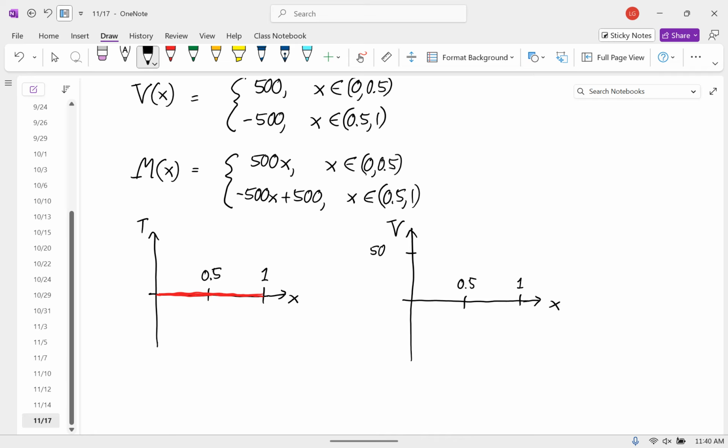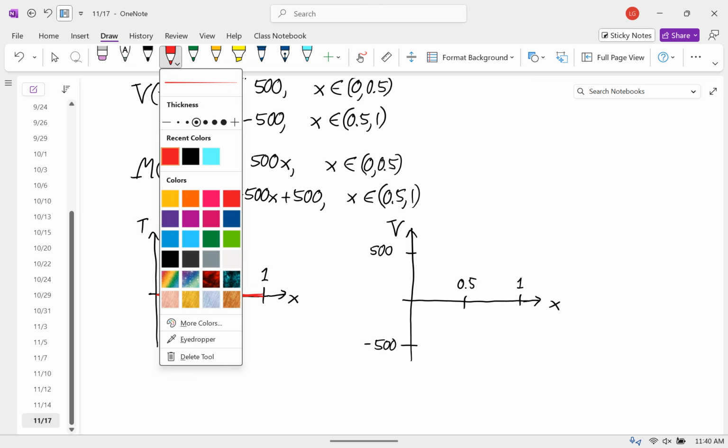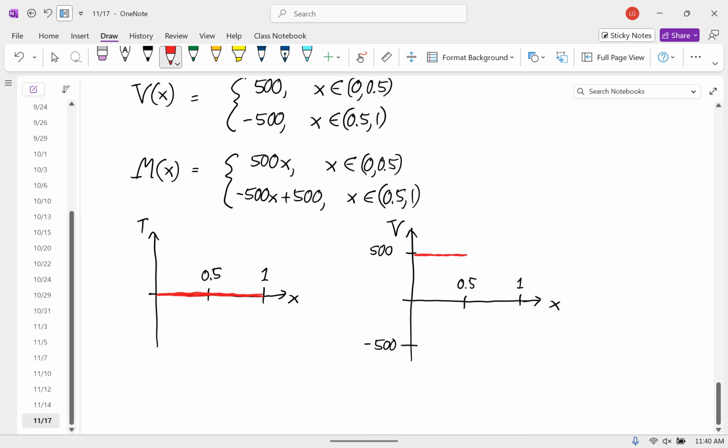And here's 500 and here's negative 500. We get this for the first half.